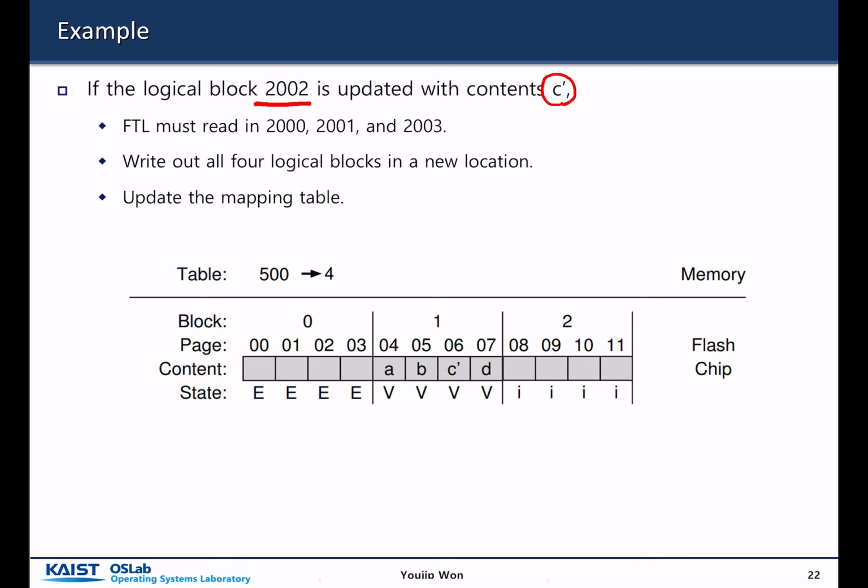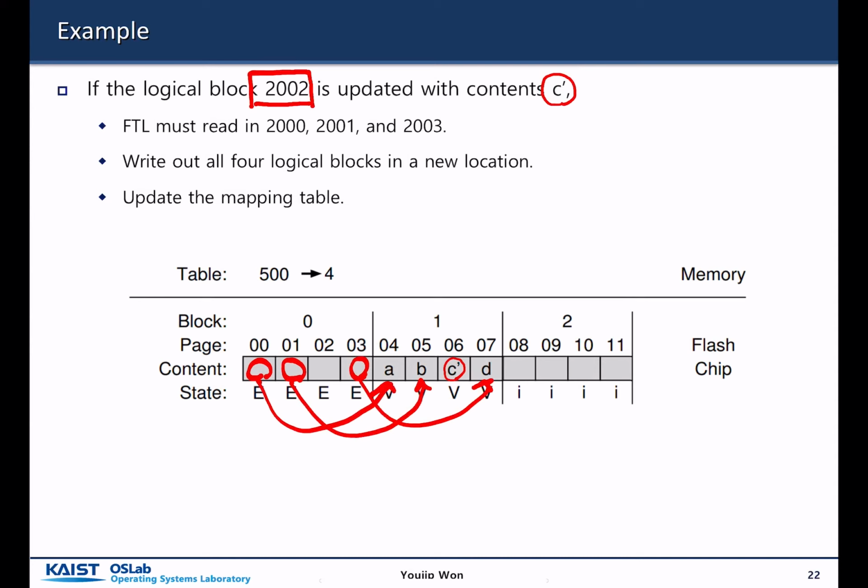Because logical block 2002 needs to be updated, all 3 other pages that reside in the same block need to be migrated together. So when the page is updated from C to C prime, we have to migrate all the rest of the pages in the same block to another block. This is the problem of block mapping.